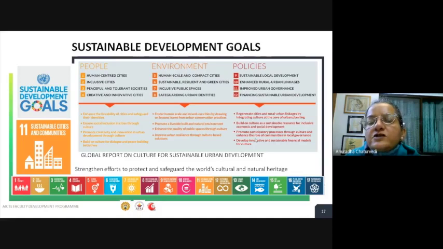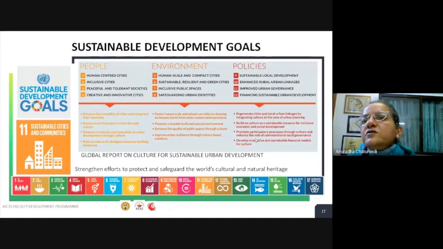Through culture, through heritage, it is possible to ensure social inclusion in cities. Through culture, it is possible to promote creativity and innovation in urban development, which is linked with the heritage of the past, and it is possible to carry out peace building initiatives and engage in dialogues if we rely and build upon the existing cultural resources.